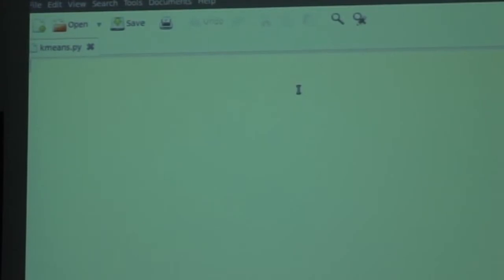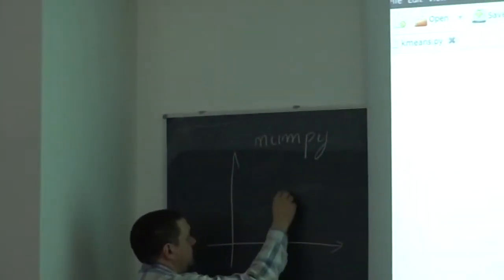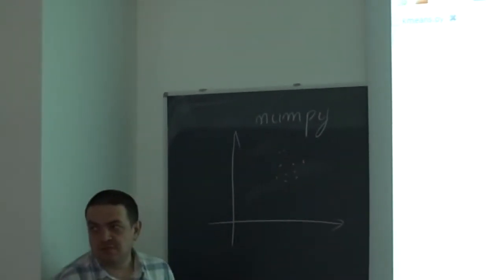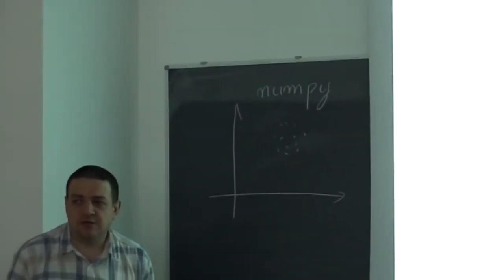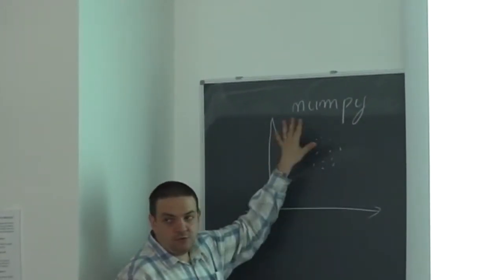So the idea is that we have to proceed step by step. The first step will be, let us generate a cloud of random points. But the cloud of random points that I want is not evenly distributed.